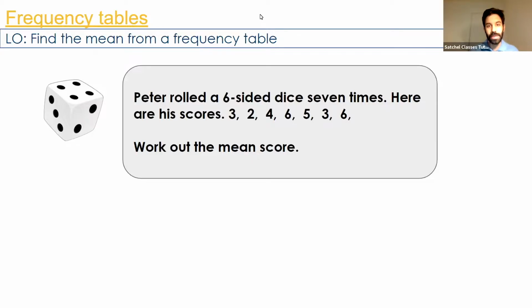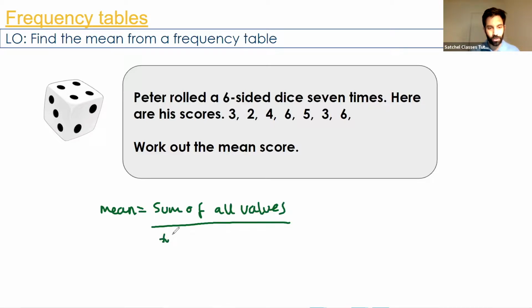To find the mean, we would have to add all the values that we have. So the mean is equal to the sum of all values divided by the total number of values.